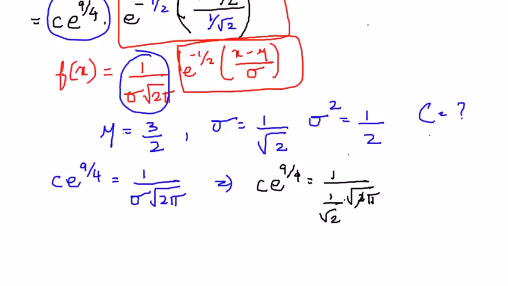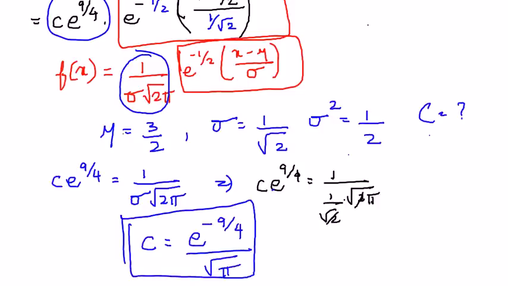Now root 2 and root 2 get cancelled. So you can write c as, and I'll take e power 9 by 4 to the other side, it becomes e power minus 9 by 4 by root pi. So you can fill it up here. It is e power minus 9 by 4 by root pi.